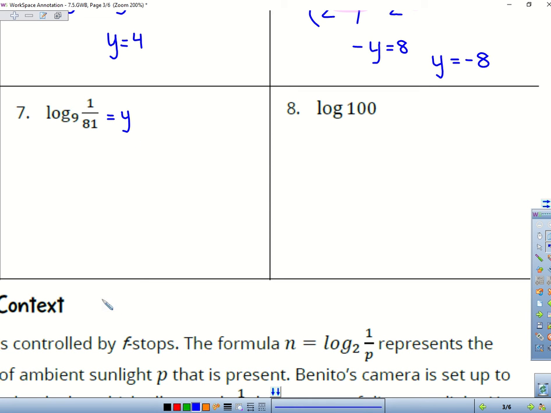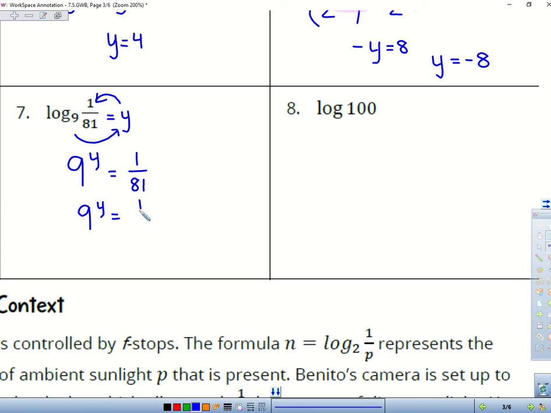So this one here, we're going to set it equal to y. And then we're going to do our arrows. 9 to the y is equal to 1 over 81. Right? Now let's think about it for a second.